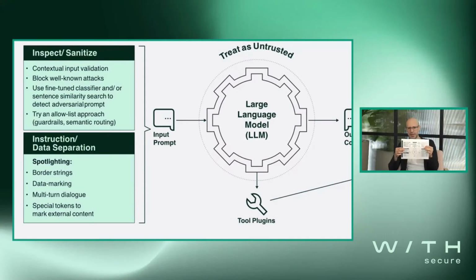There is a lot of stuff, and I'm only going to talk about the most important part. If we can have on the screen that bit there. So, treat the LLM as untrusted. That's number one. Then we've got input and output.